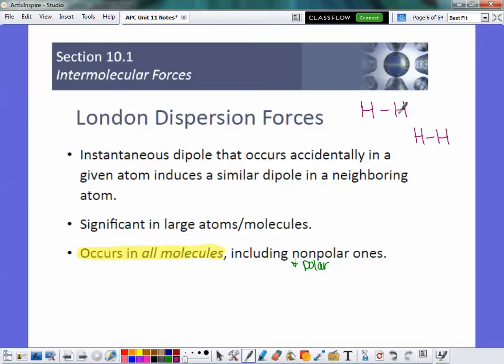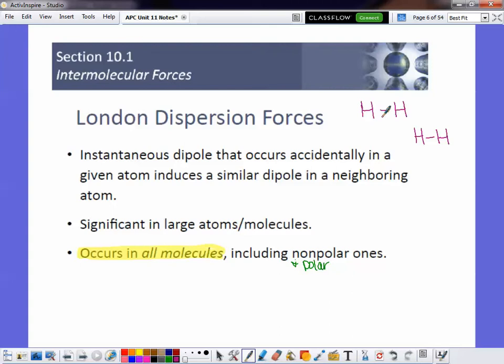There will be times when there are more hanging around one of the atoms or the other. And in those instances, which is why it's called an instantaneous dipole, when the electrons are more towards one atom than the other, we get this temporary dipole, where one of the atoms has more electrons around it than the other, so that atom that has more electrons has a slightly more negative partial charge. And we talked about partial charges in Unit 10.